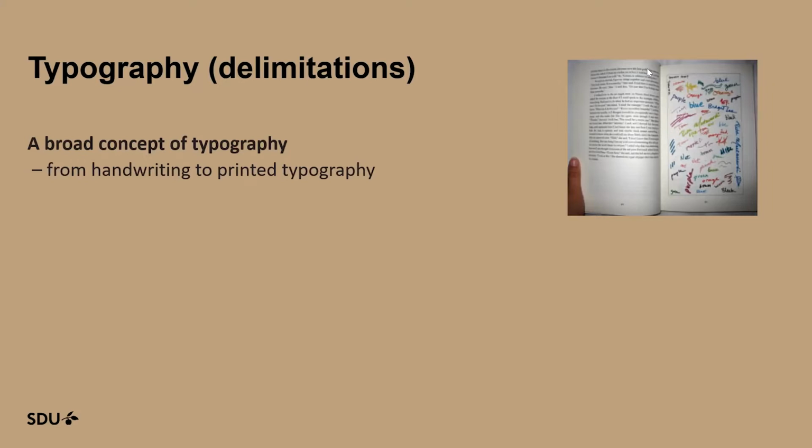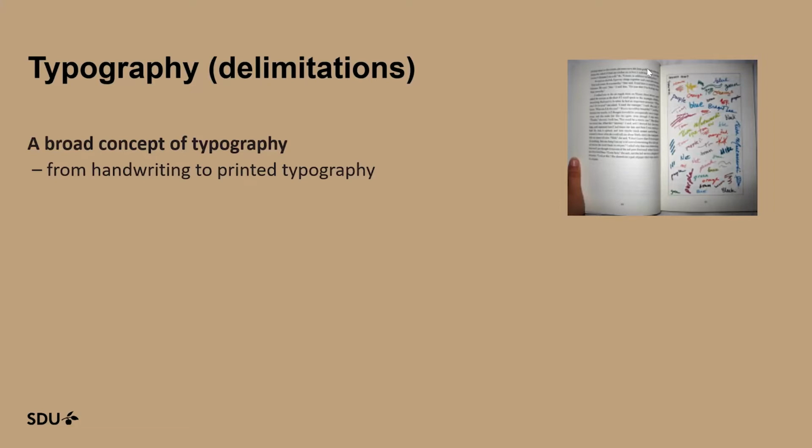And it doesn't really matter whether the text is written by hand or calligraphed or printed. So if we take this double-page spread from Jonathan Safran Foer's novel as an example, we have printed type as well as handwriting. And the framework that I'll be presenting now can be used to describe the meaning-making potential of both.